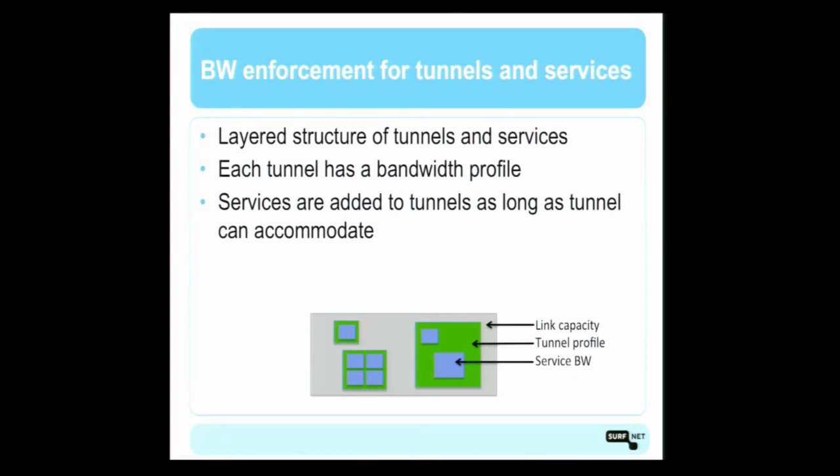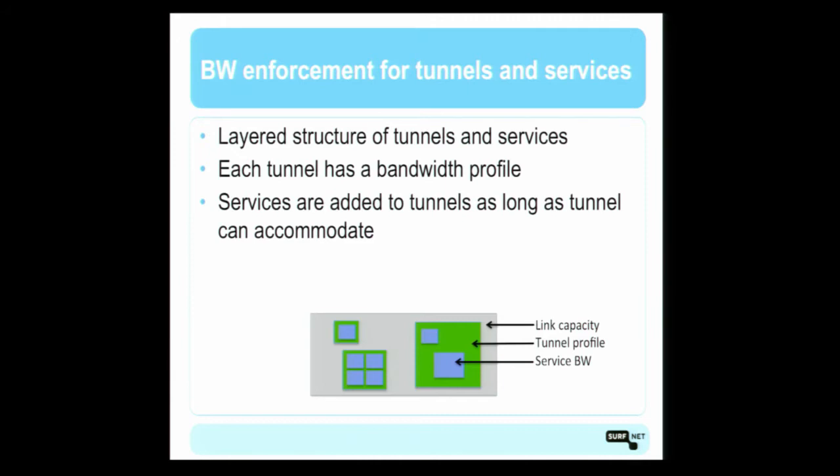So our PBT solution works as follows. It has a layered structure, as we saw yesterday. It has a tunnel link capacity, this gray box, and a tunnel profile with a certain bandwidth amount, and a service bandwidth which, if it matches, can be put into the tunnel.